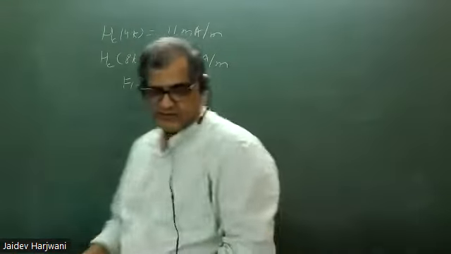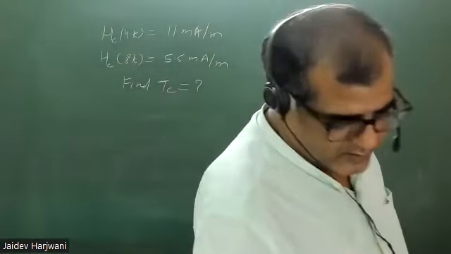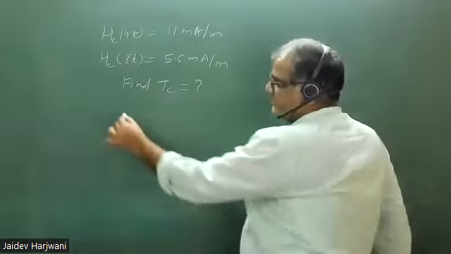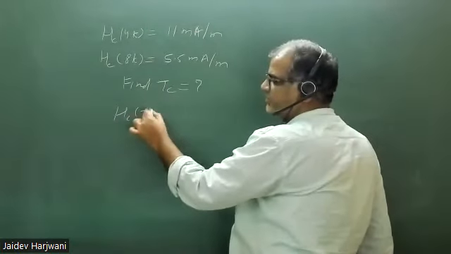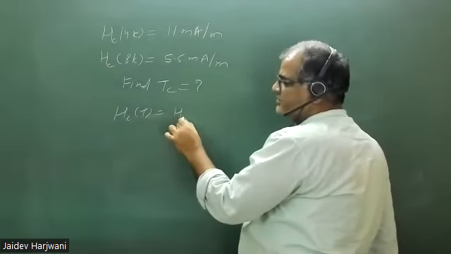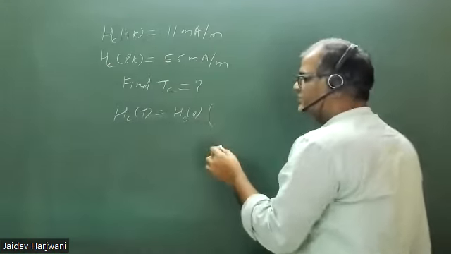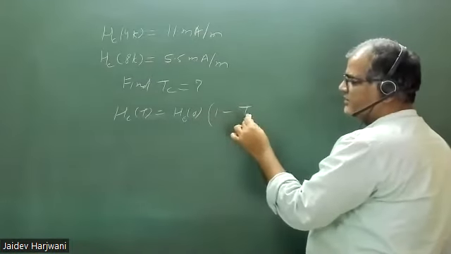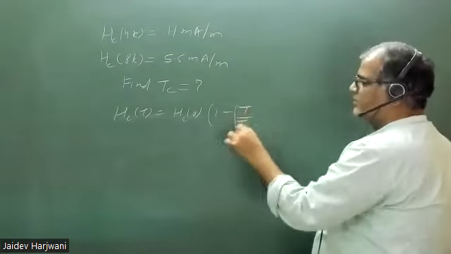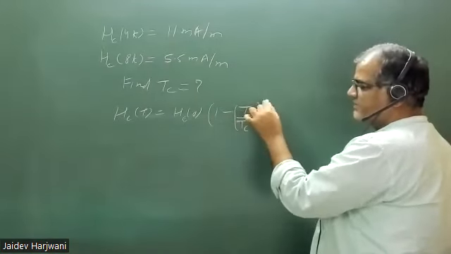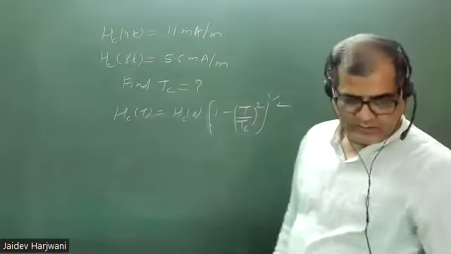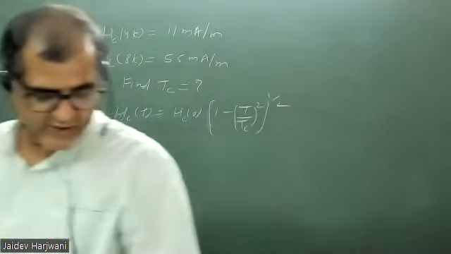How will you find Tc? So what is Hc(T) equal to? H naught or Hc0 times 1 minus (T by Tc) whole to the power 1 by 2. So this is the formula. Put the values, tell me the answer.